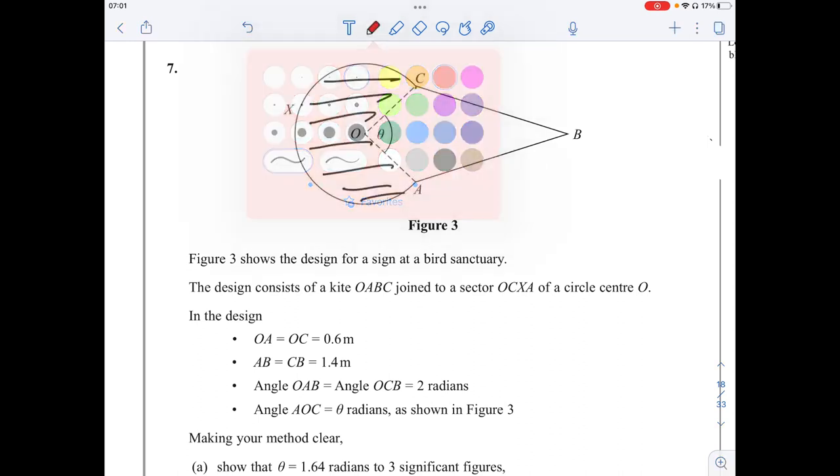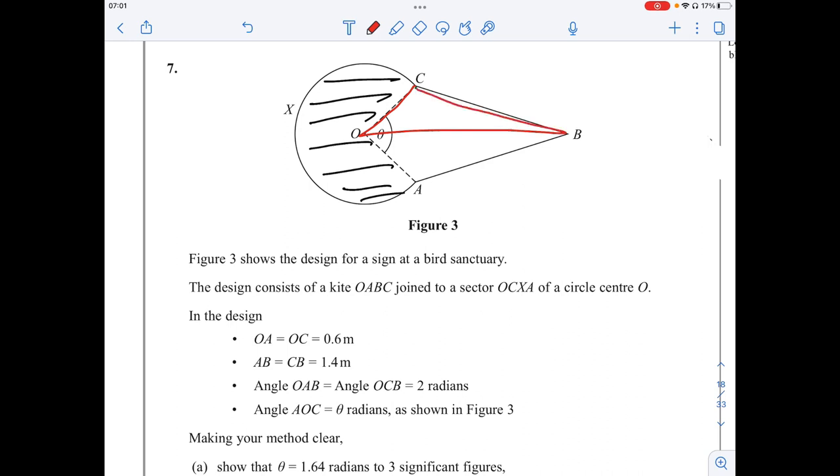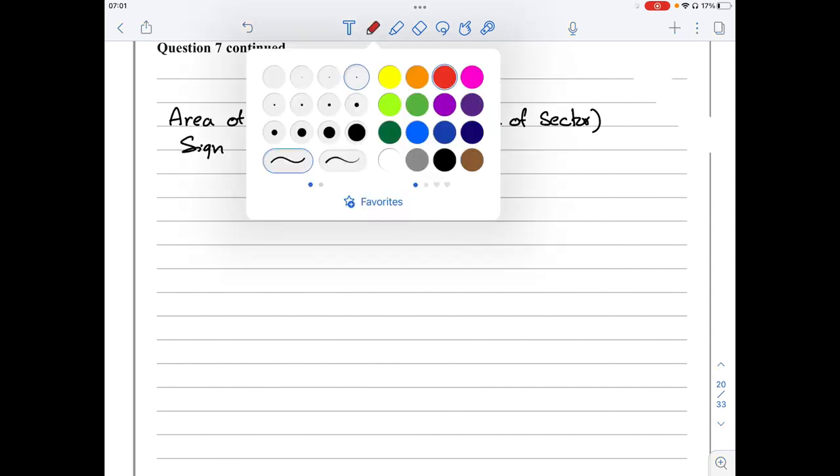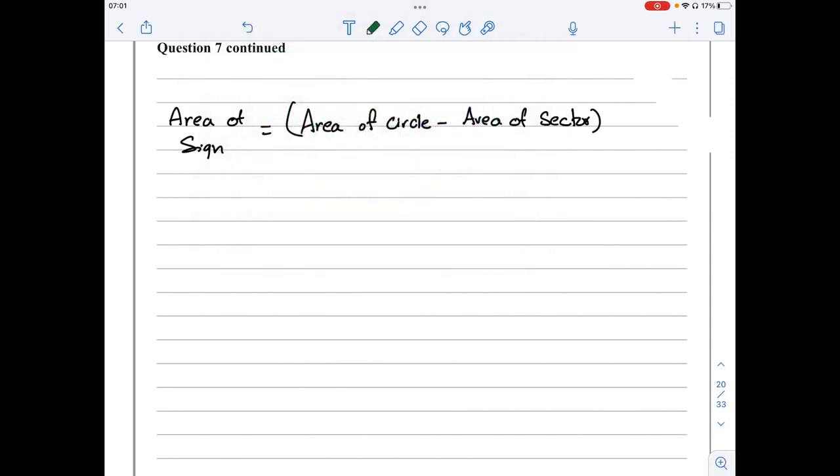Then I am going to take two triangles, the area of the triangle, and multiply by 2. This is the first triangle and the second triangle. So that's going to be the plan. So area of the circle minus area of the sector plus 2 times the area of the triangle.